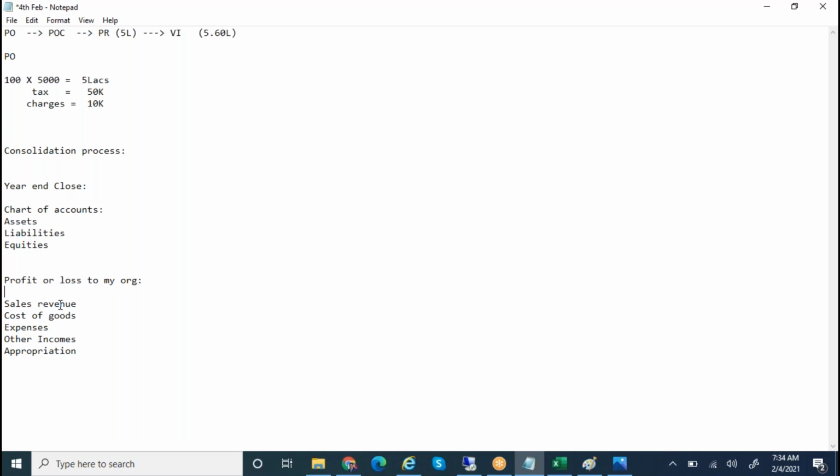At the end of the year, 31st March 2021, the net effect of the balances of expenses and income will arrive at a profit for the entire year. Suppose I have invested 50 crores and at last I got 2 crores as a profit. That profit will be transferred to investors.